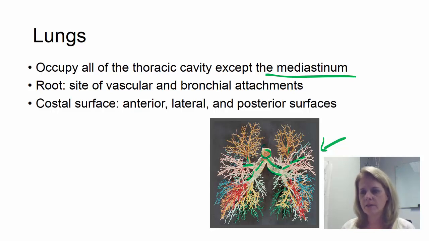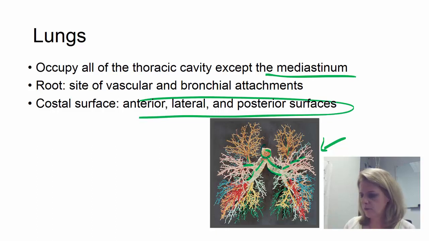They have different surfaces. They have costal, lateral, and posterior surfaces. Not so important for this class, just to know that if you were going to do imaging and things like that, or if you're looking for possibly a pneumonia or a cancer or something like that, we use those same types of terms to define different parts of the lungs.